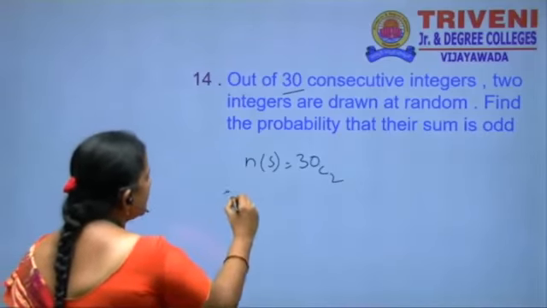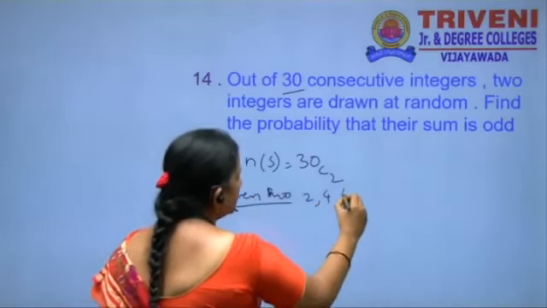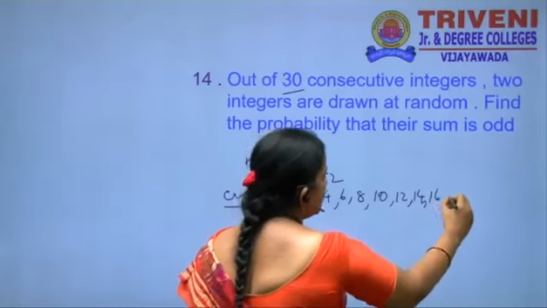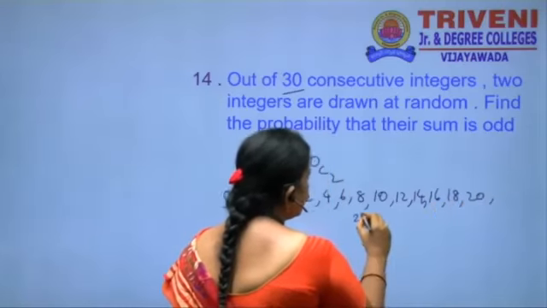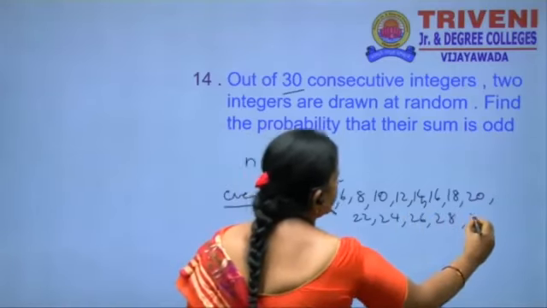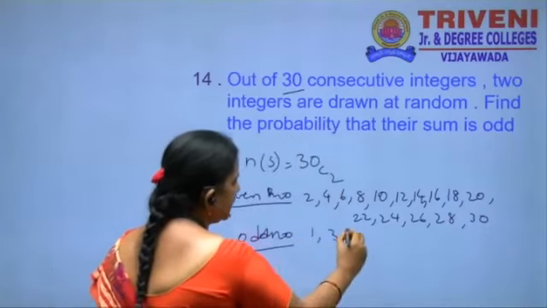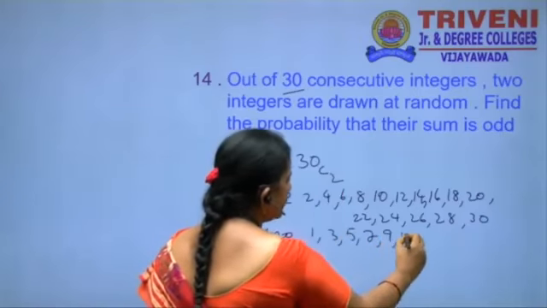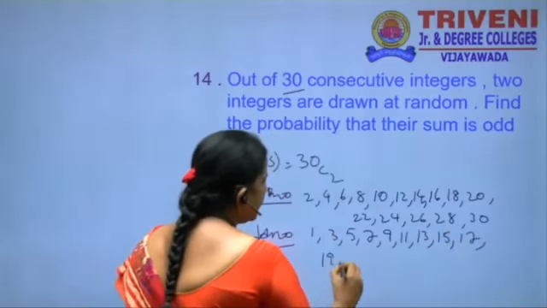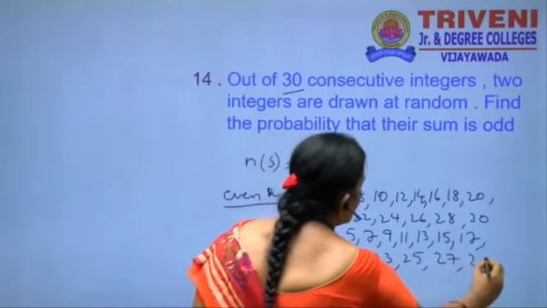Then the even numbers up to 30 are 2, 4, 6, 8, 10, 12, 14, 16, 18, 20, 22, 24, 26, 28 and 30. And odd numbers are 1, 3, 5, 7, 9, 11, 13, 15, 17, 19, 21, 23, 25, 27 and 29.